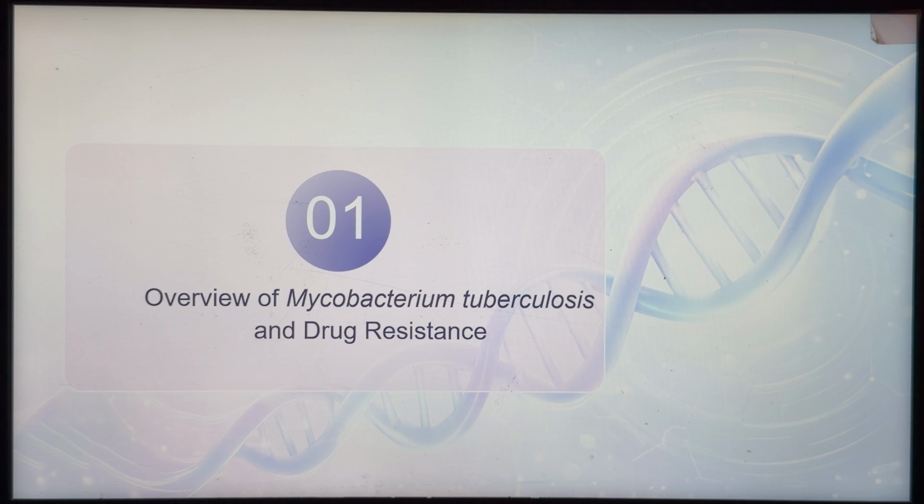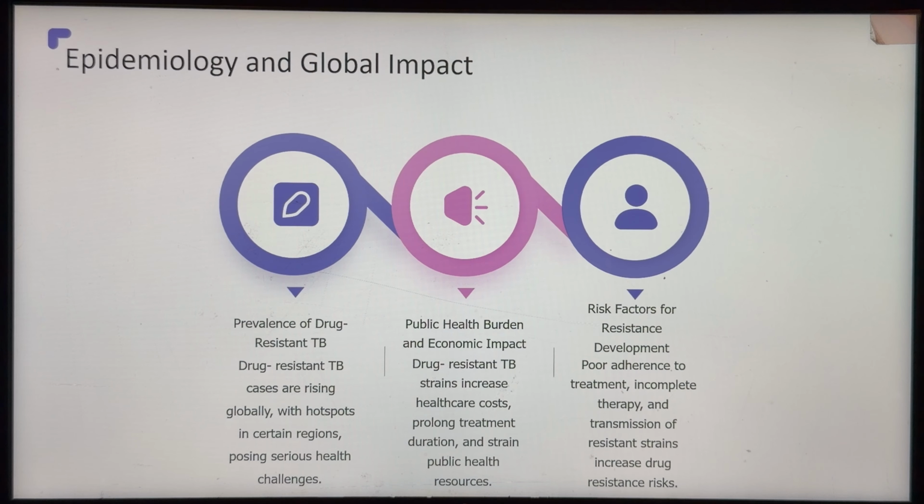In the first section, we will briefly review the organism, its epidemiology, morphology. To appreciate why drug-resistant tuberculosis has become such an important topic, let's first examine its global epidemiology and impact. Drug-resistant tuberculosis continues to be one of the greatest challenges in global infectious disease control. Although effective anti-tubercular drugs have been available for decades, drug-resistant TB remains a significant problem in many parts of the world.